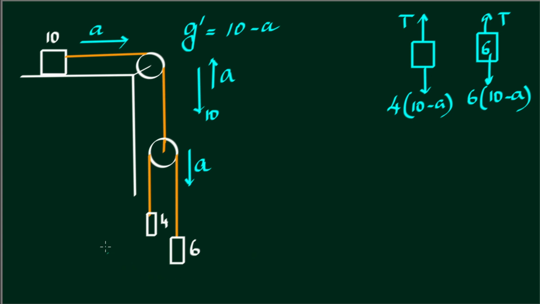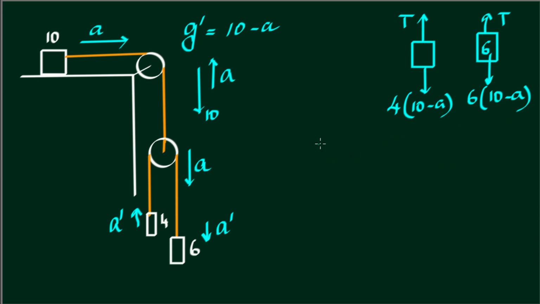Let's assume that in this frame, the 6 kg block is accelerating downwards with an acceleration A prime, and therefore the 4 kg block is accelerating upwards with an acceleration A prime.